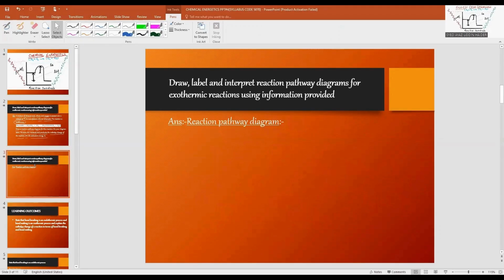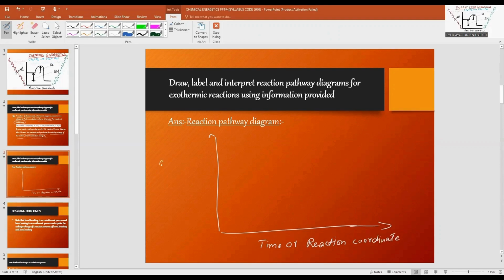Now let's start working. First of all, we'll draw the y-axis and x-axis. Well, you know that we have to write time or reaction coordinate on the x-axis, and on the y-axis you have energy or temperature.